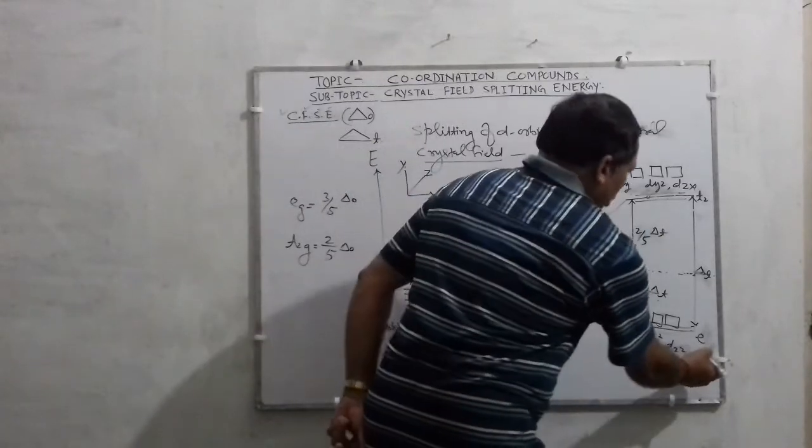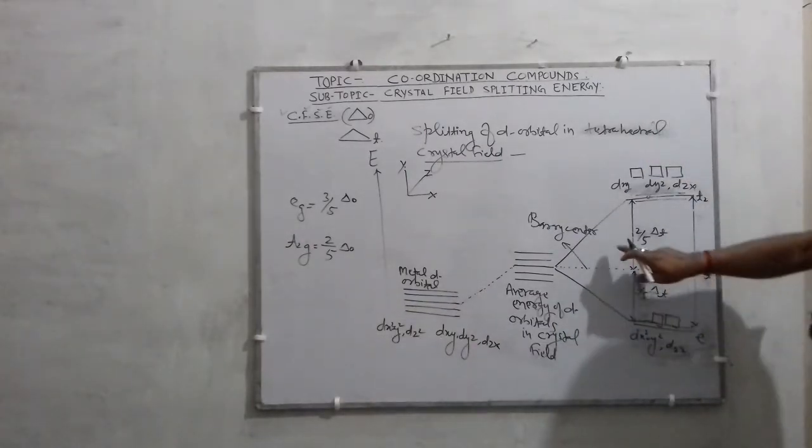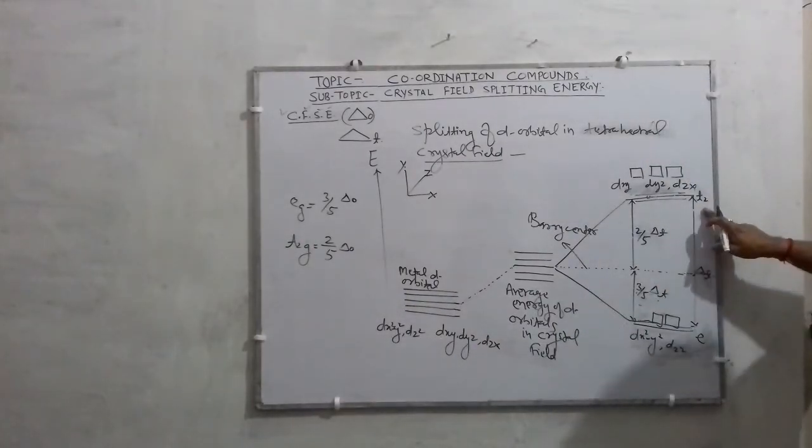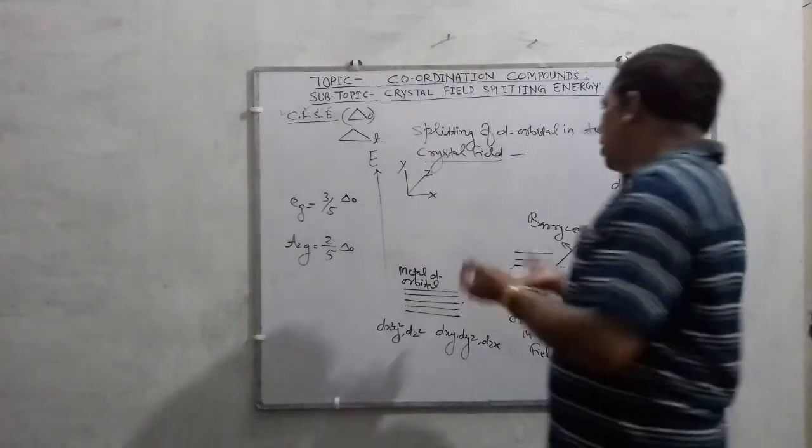You must remember that in the tetrahedral case, the d orbital splits into E and T2 sets of energy. You must not write either Eg or T2g.